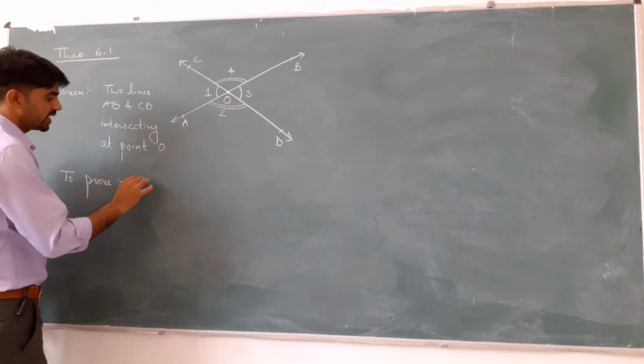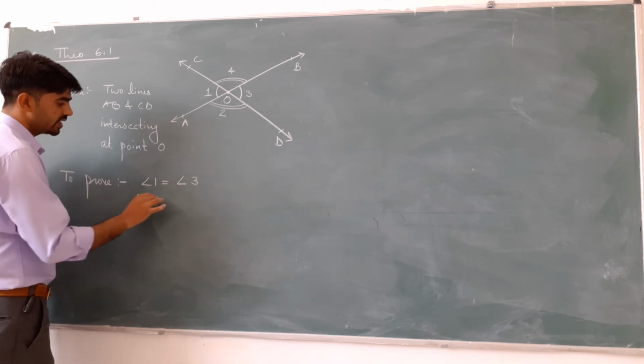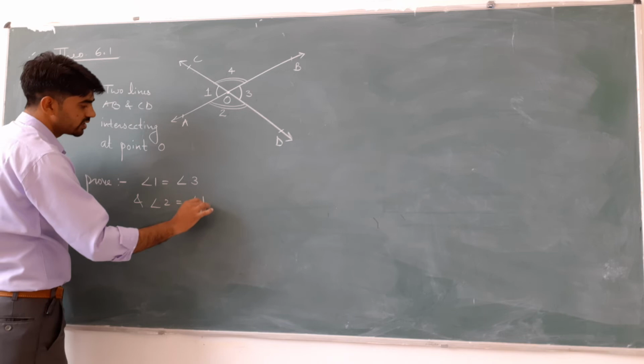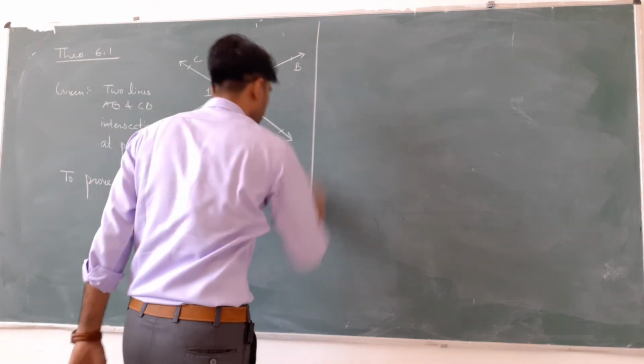We have to prove that angle 1 is equal to angle 3 and angle 2 is equal to angle 4. Let us see the proof.